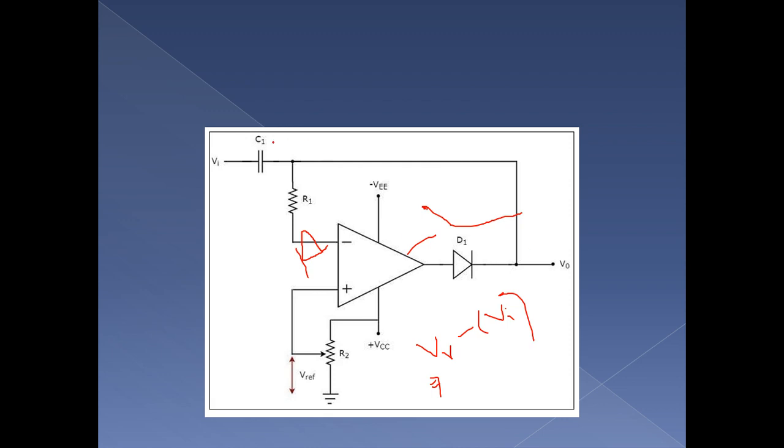So V0 will be whatever I am giving as Vi, plus whatever voltage the capacitor is holding. Both are in series, so the addition of these voltages will appear in the output. We know that V0 is equal to Vi plus Vc.